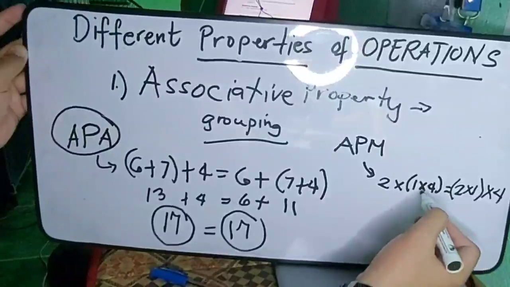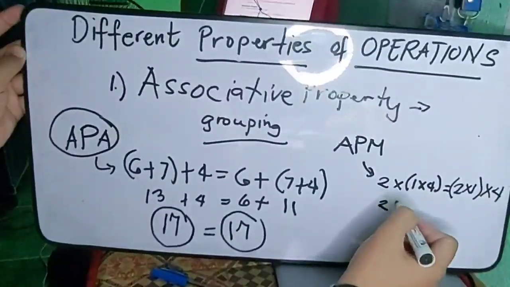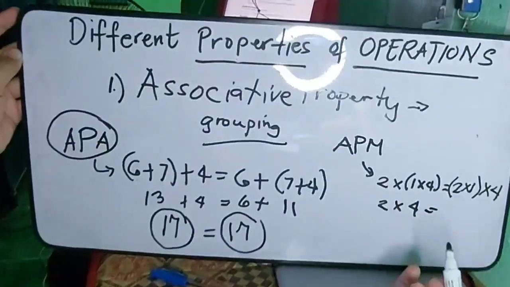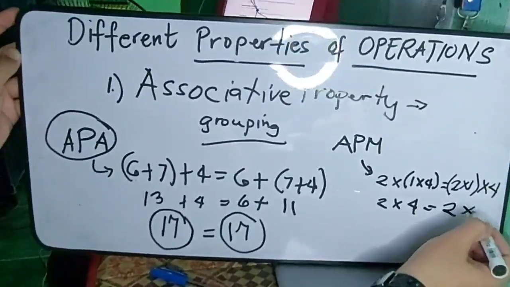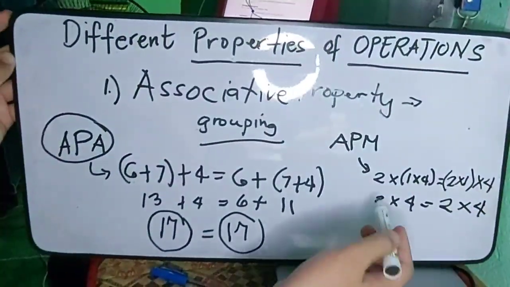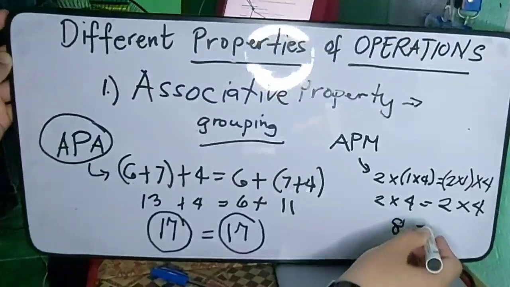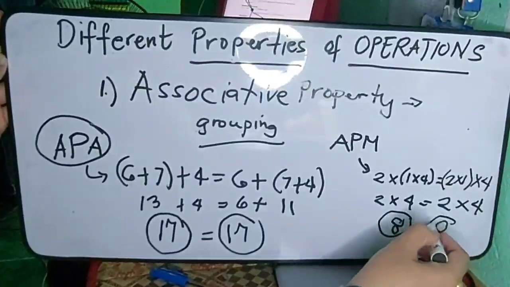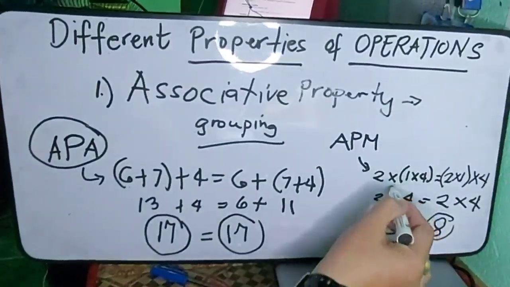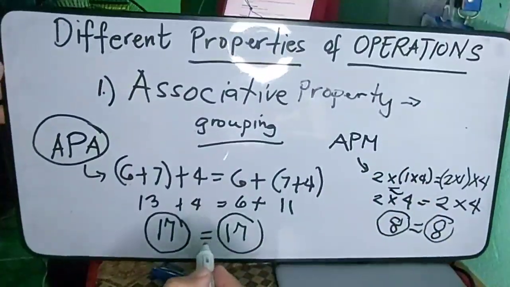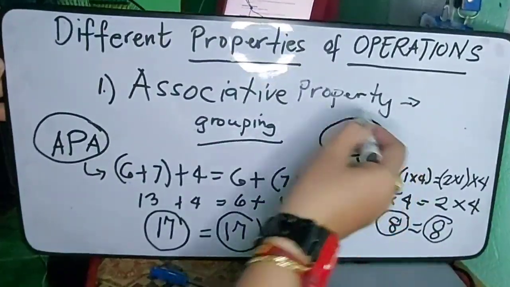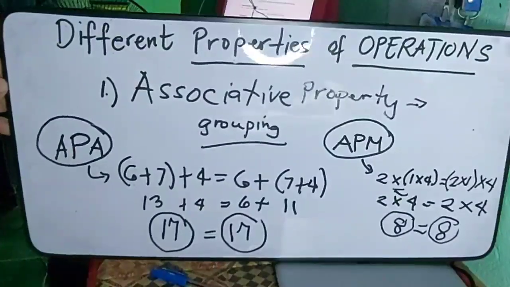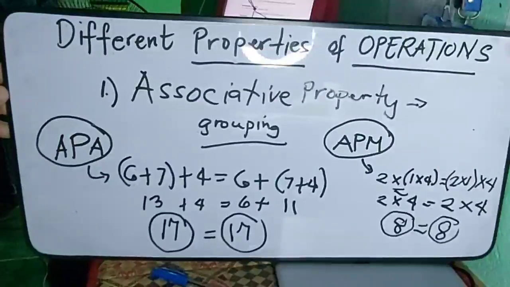First, 1 times 4 is 4, then 2 times 4 is 8. Now the other grouping: 2 times 1 is 2, times 4 is 8. It gives you the same result. The operation we use is multiplication, so we call this the associative property of multiplication, or APM in short. So, that is the associative property of operation.